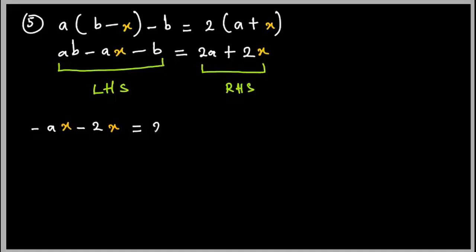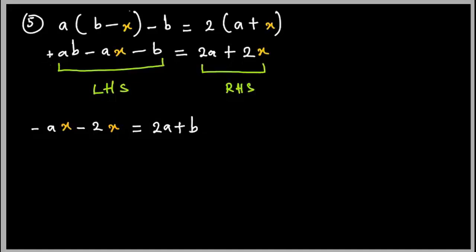Then over to the right, put all the terms without x on the right hand side. I have 2a first here. There are some terms on the left that don't have x, so move them to the right. Like we have minus b. If minus b leaves the left and comes to the right, it becomes plus b. We also have ab. ab is having a positive beside it, but it is invisible.